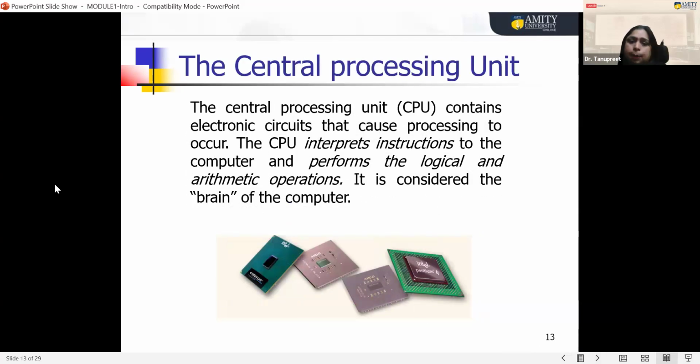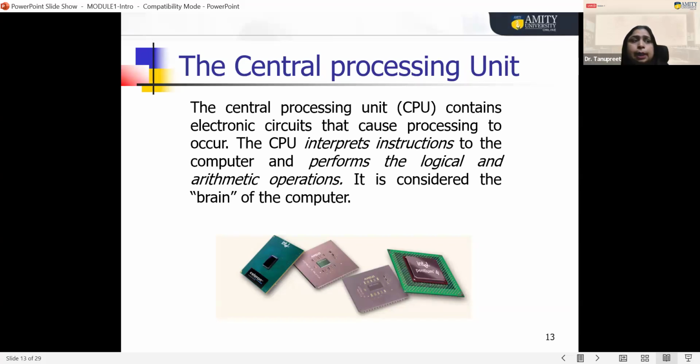Now comes the CPU. Students, this is something that's important. You might have seen various chips, for example, Intel, Pentium, Intel 4, Pentium 4. So what are these? These are your CPUs, your chips, integrated circuits.